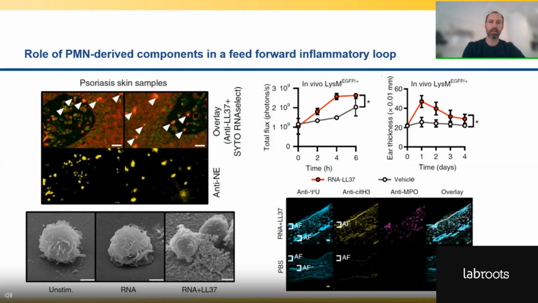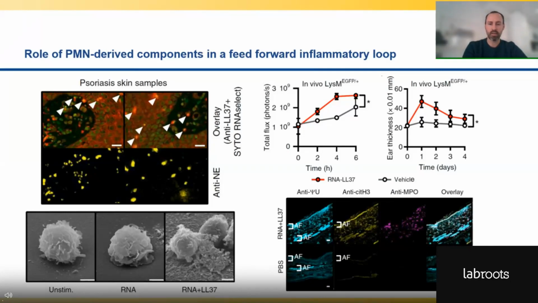Next, we were interested in how this neutrophil influx mediated by RNA LL37 injection was promoting skin inflammation. And when we looked at histology, by measuring CitH3 and MPO, we found that there is an increase in CitH3 and MPO overlap in the RNA LL37 injected skin.